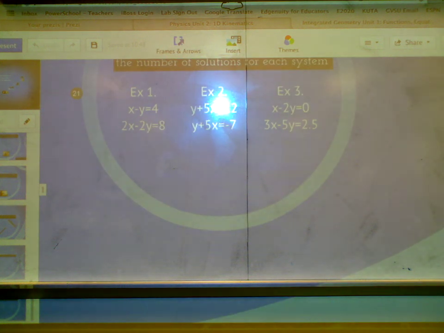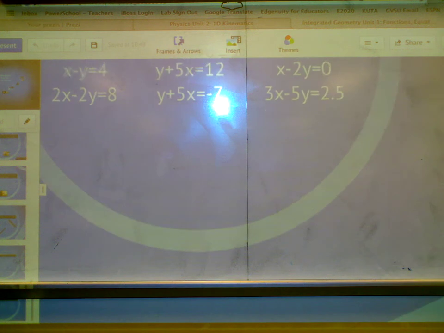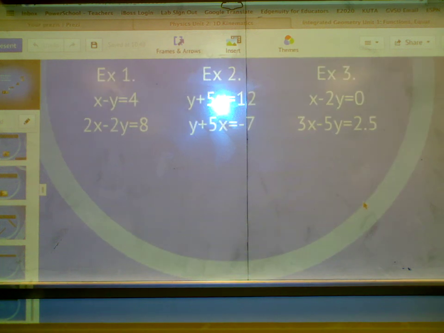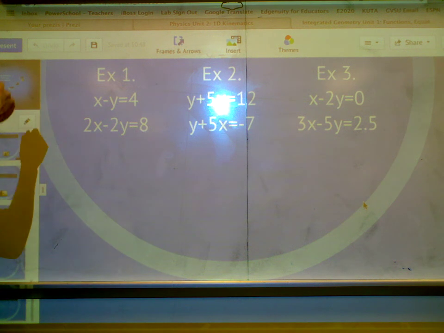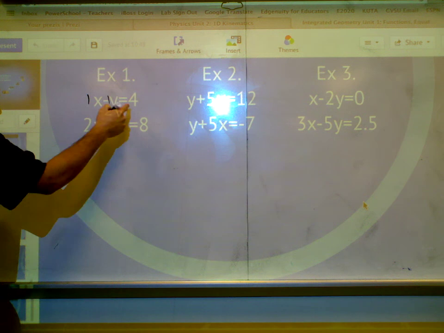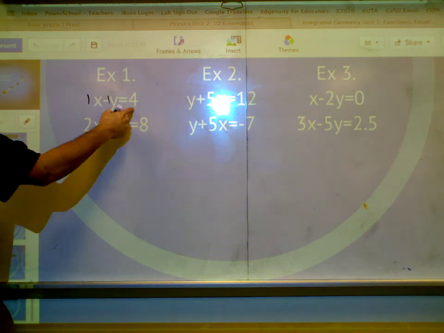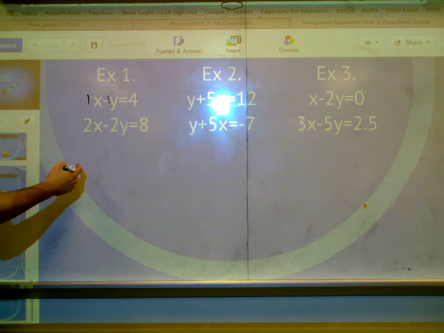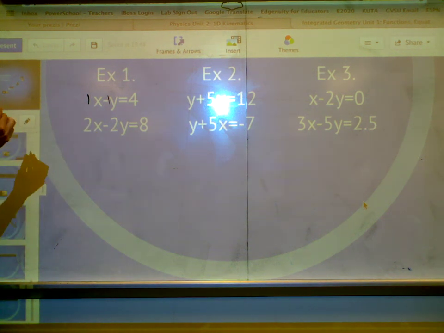Now, what's the coefficient on this x right here? 1. What's the coefficient on this y? 1. -1. What about this one? 4, right?